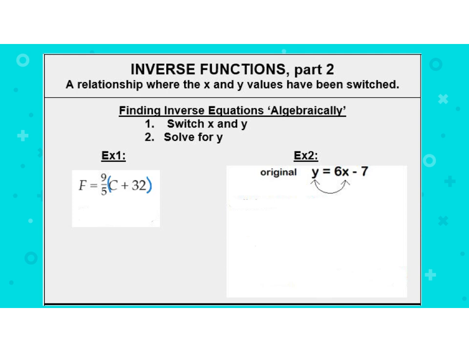In the first example, we are looking at the formula that converts from Fahrenheit to Celsius, and we're going to find the inverse of that.